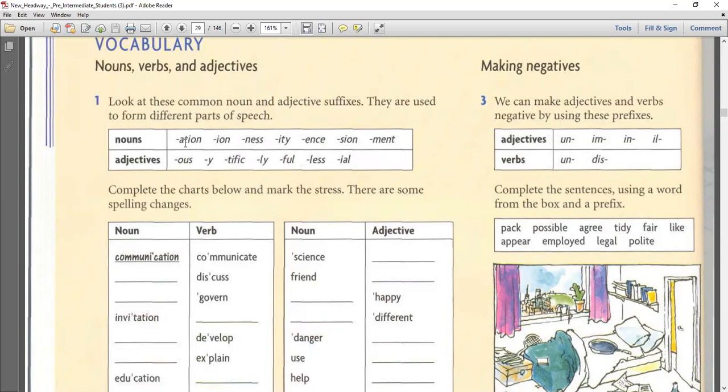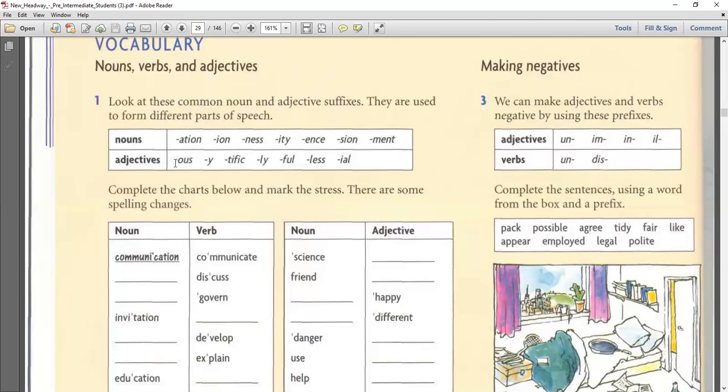We have the suffixes -ation, -ion, -ness, -ity, -ence, -ship, -ment. These suffixes هذه اللواحق تضاف إلى الأسماء. Okay. حتى تتحول الكلمات إلى أسماء.